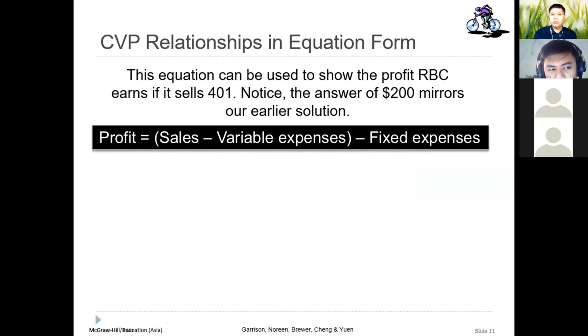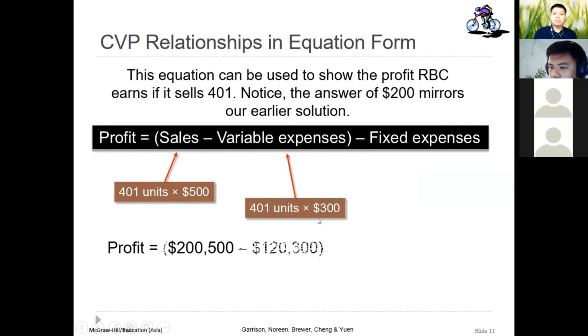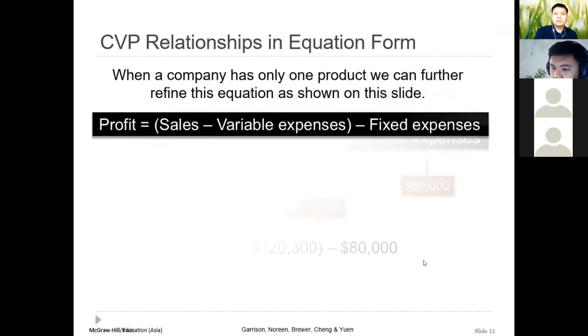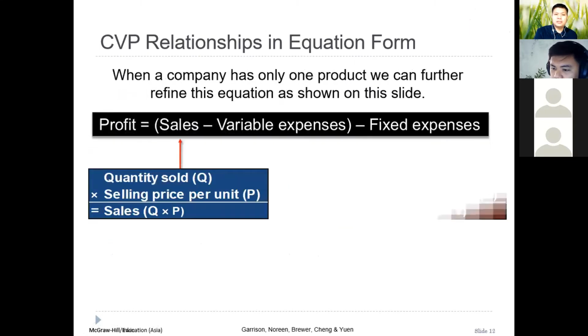Okay, now it is turned into an equation form. Okay, so your sales, 401 units times 500, that's 200,500. What about your variable? 401 units times 300. Okay, so you get 120,300. Or how much is your fixed expense? Is it 80,000? 80,000. And you get there 200. That's the profit. All right, next.